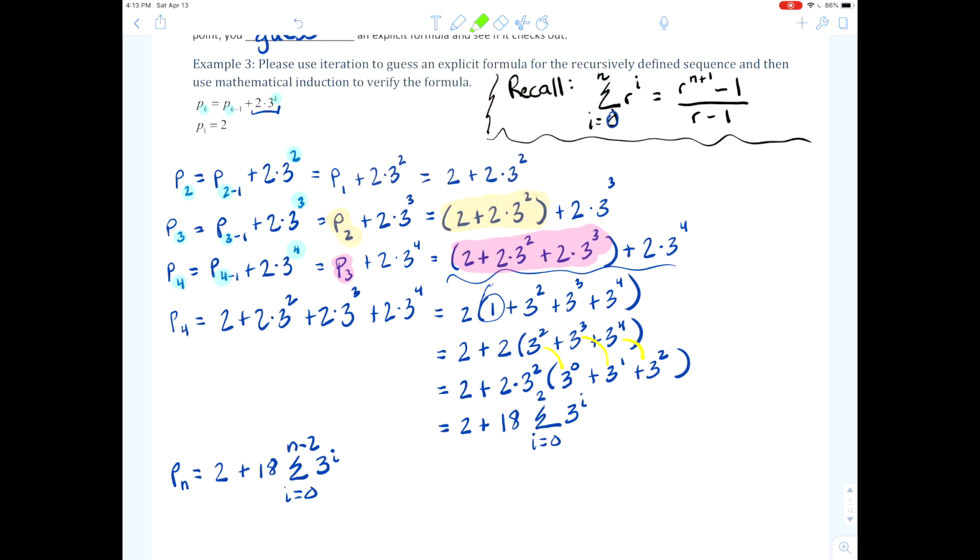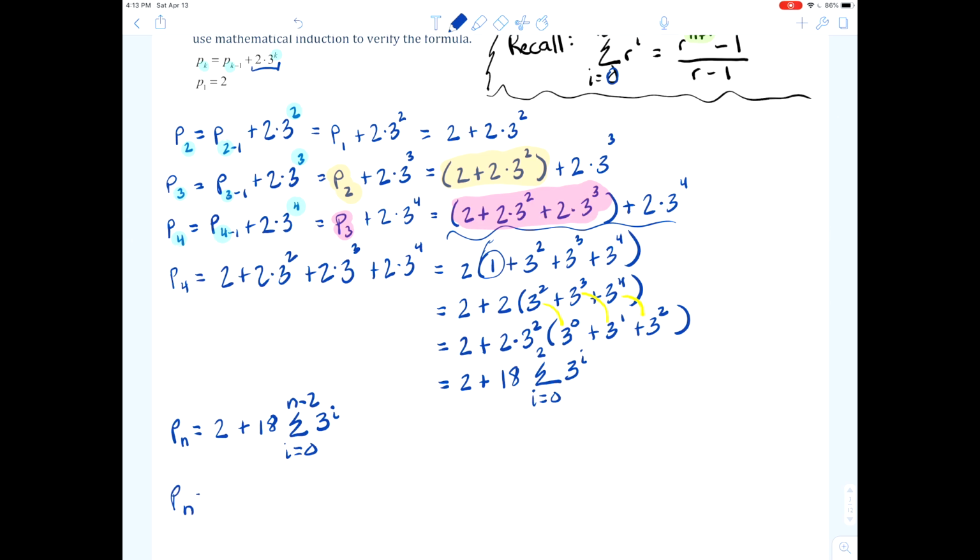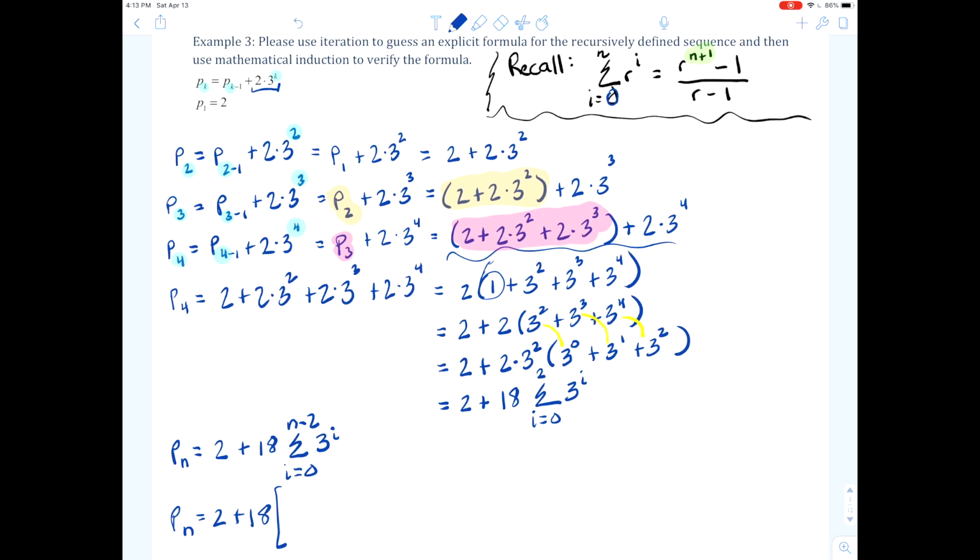Cool. And now we want to fit it in with this stuff over here, right? So if we take a look, we need to add 1 to the top limit of the summation, right? In order to get this formula here. So when we do so, our p sub n would be equal to 2 plus 18 times, well, the r, would you agree, is 3, right? And then n for the n, if you will. So actually, let me erase that.